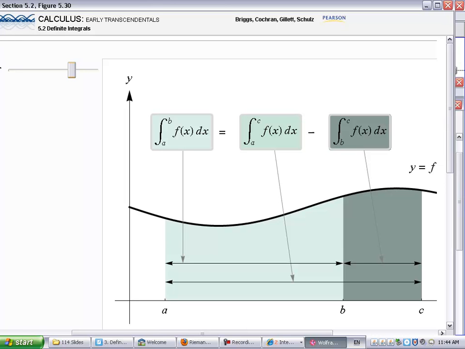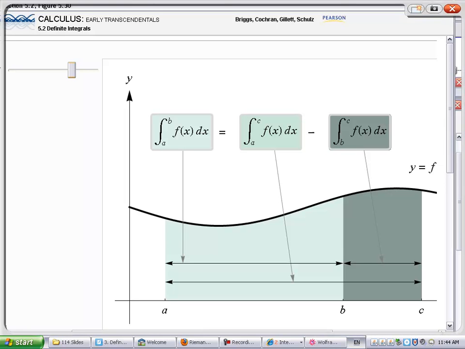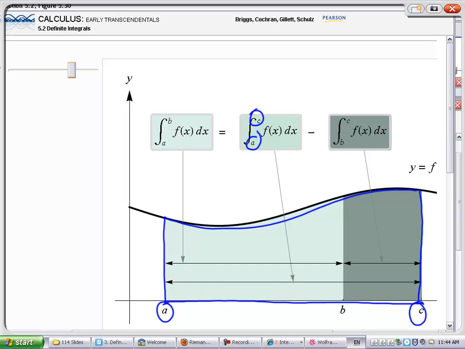Because if you were going from A to C, then you get the whole thing. But if you subtract off what you get from B to C, then you would just get the A to B part.